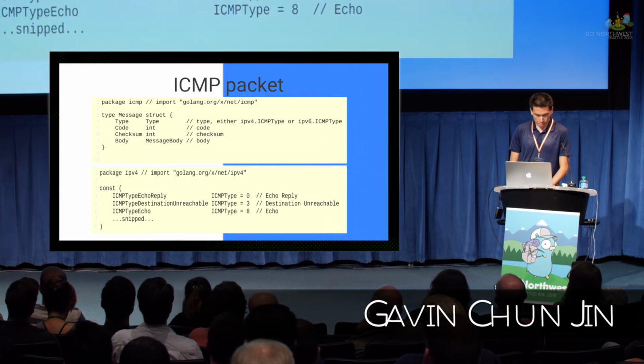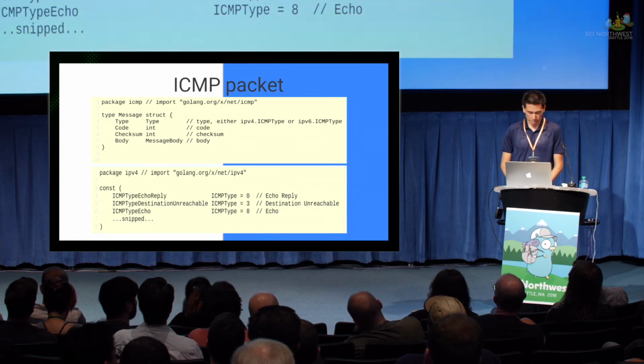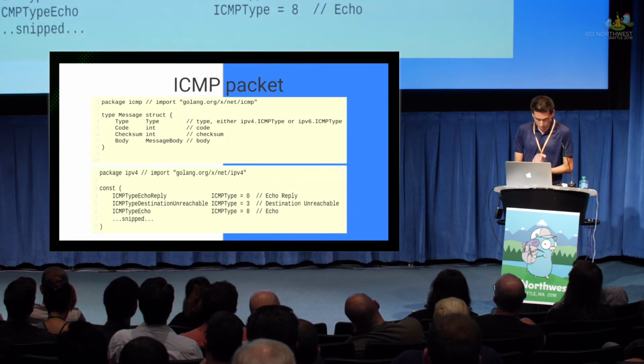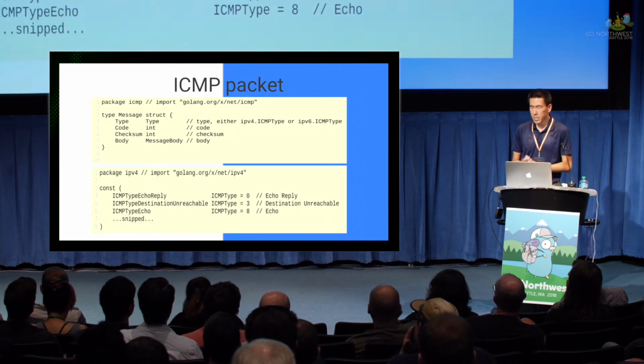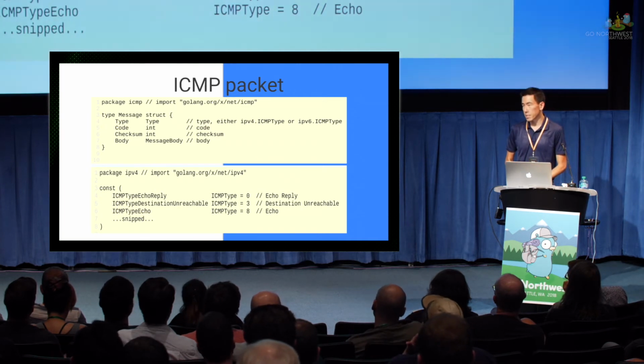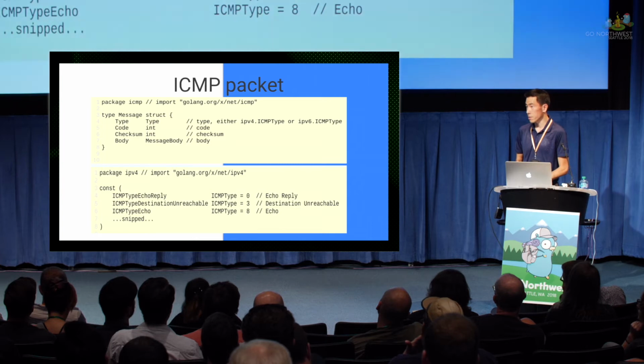And then down here, in the second diagram, you can see that you have the constants for the ICMP types. There are others, for example, the ICMP time exceeded code as well, which is returned to you when the TTL goes to 0.